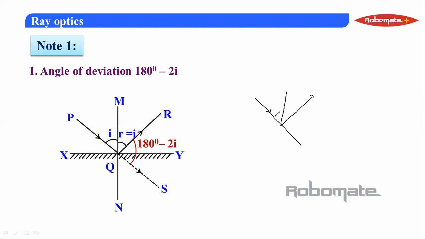This angle minus this angle. The total is 180. This is I plus I, that is 2I. So this is the angle of deviation. It comes next, we will study one by one. Okay, so next one.